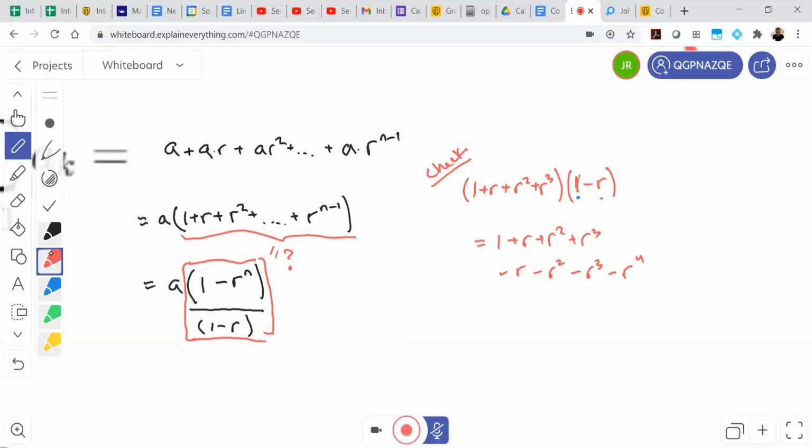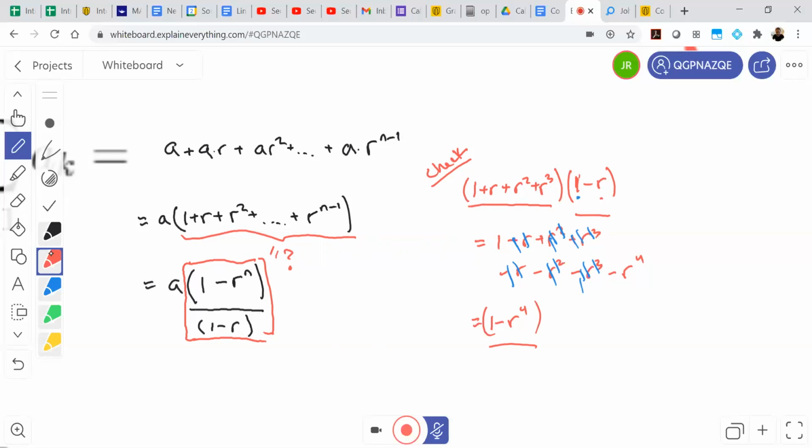So I have to distribute all of this, and what we notice is that the r's cancel, the r squareds cancel, the r cubeds cancel, and what's left is just 1 minus r to the 4th. In other words, this long polynomial times this 1 minus r term is equal to 1 minus r to the 4th.